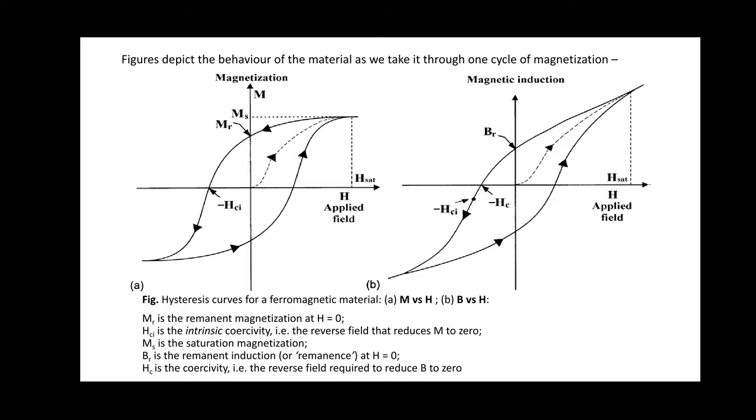This is the figure which depicts the behavior of material as we take it through one cycle of magnetization. This is the curve between magnetization and applied field. This is the curve between magnetic induction and the applied field. Basically, there are two ways to represent the magnetic hysteresis phenomenon, by the M versus H curve or by the B versus H curve.